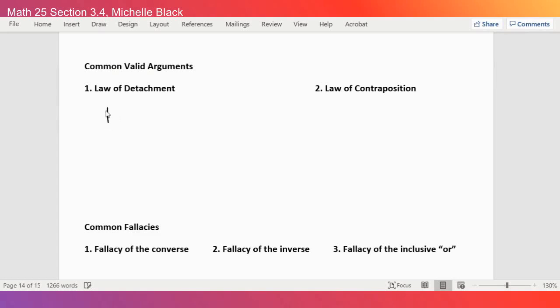The law of detachment says if P, then Q, and P, therefore Q. Another valid argument is if P, then Q, and not Q, therefore not P.